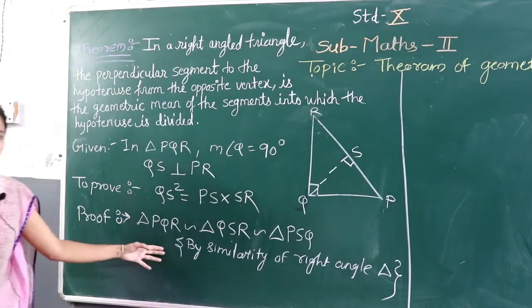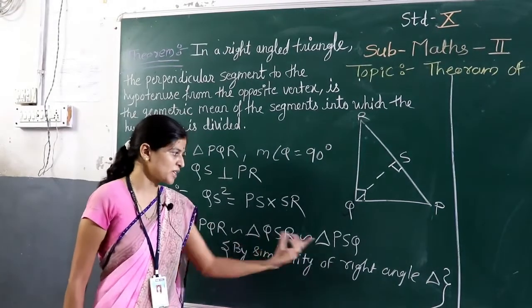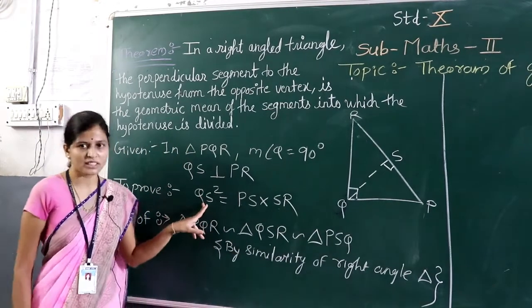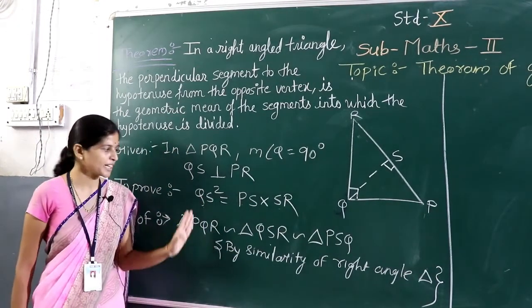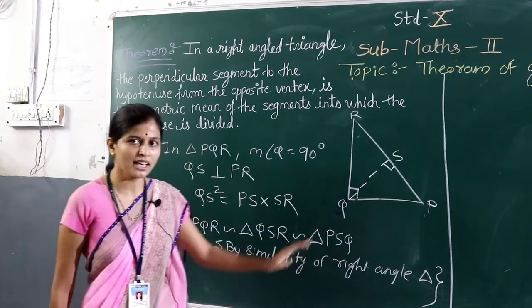In triangle PQR, side QS is not there. That's why we consider two triangles, that is triangle QSR and PSQ.